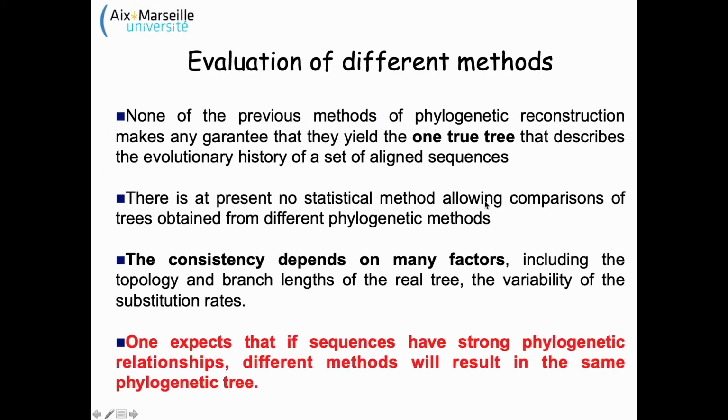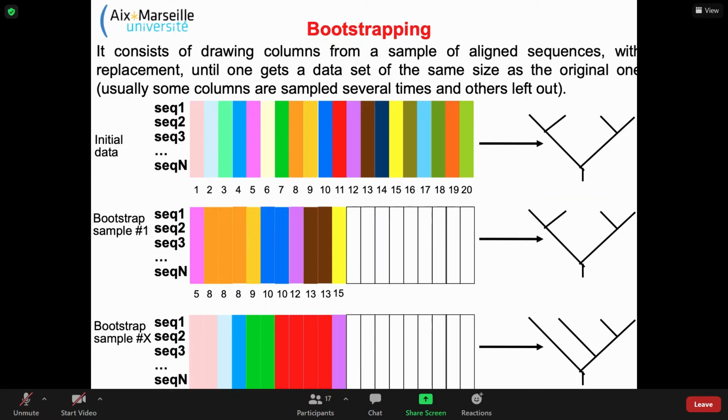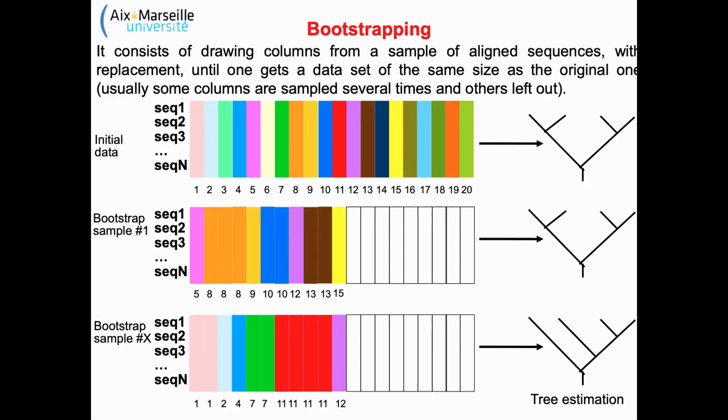So I was here talking about the bootstrap. For every tool in bioinformatics, you need a score or a p-value, because it helps you to be sure whether the results are consistent or not.